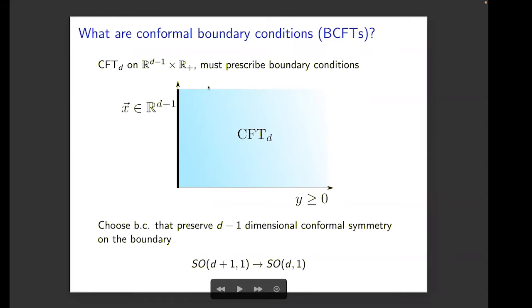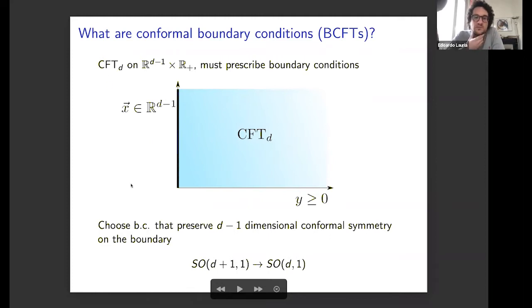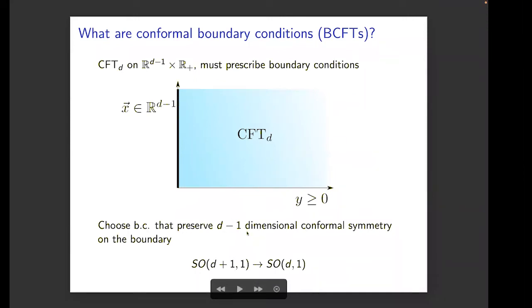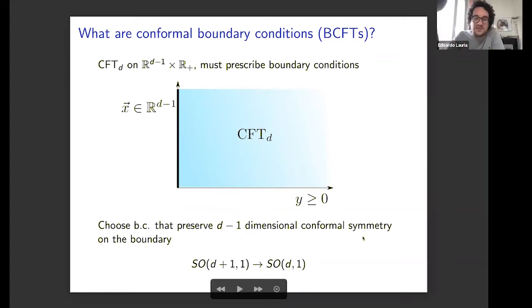Of course, you have to prescribe boundary conditions in order to put the theory on a space with a boundary. Conformal boundary conditions are those special boundary conditions that preserve the (D-1)-dimensional conformal symmetry along the boundary.